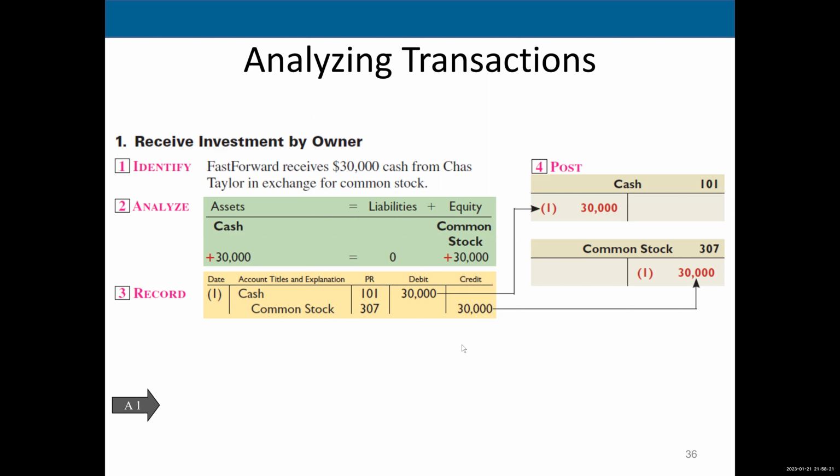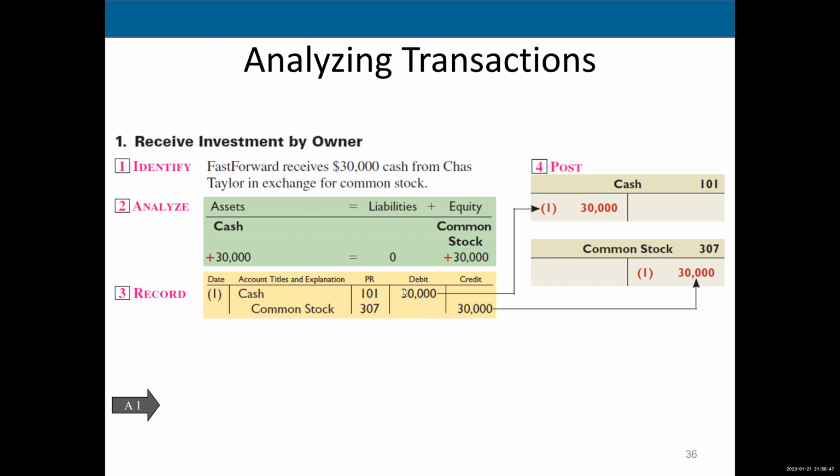Now what we're going to do is transfer each line to the ledger. First, we have a cash debit of 30,000. So we just go to our cash account and debit cash, $30,000. Now notice here that they have a cross-reference.